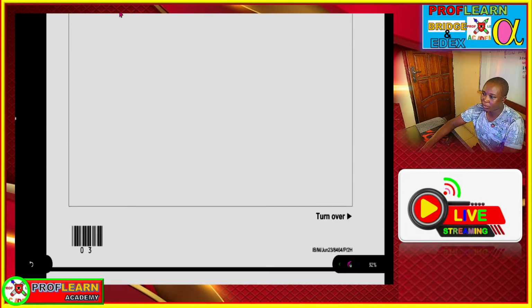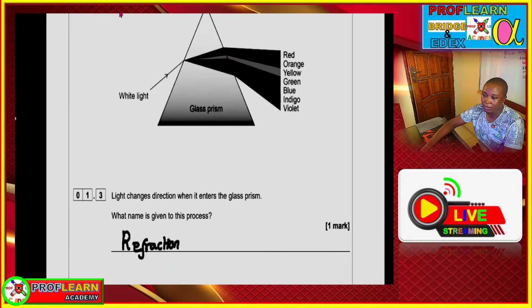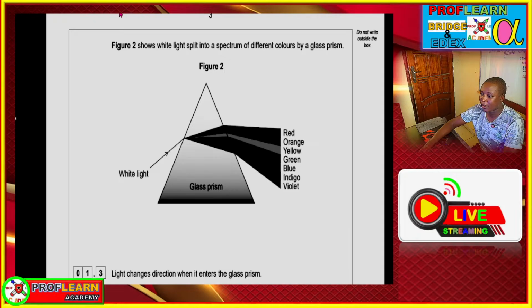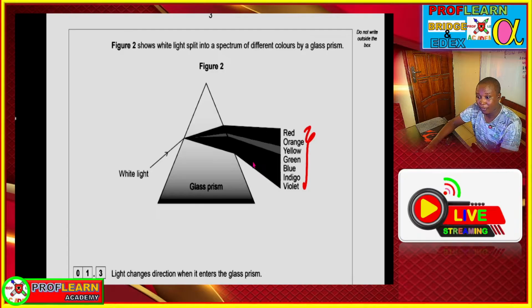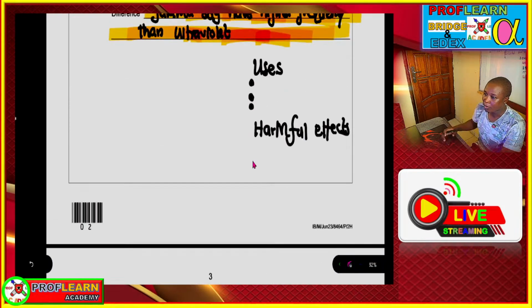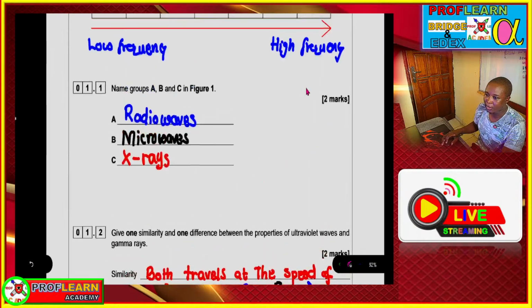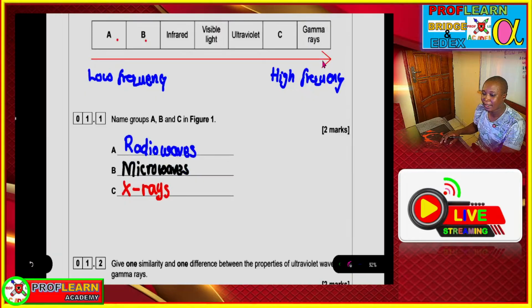You also need to remember different properties of waves like refraction, diffraction, and dispersion of light, because every type of wave has a refractive index as it passes through a material. Under electromagnetic waves, remember the order: radio waves, microwaves, infrared, visible light, ultraviolet, X-rays, and gamma rays.